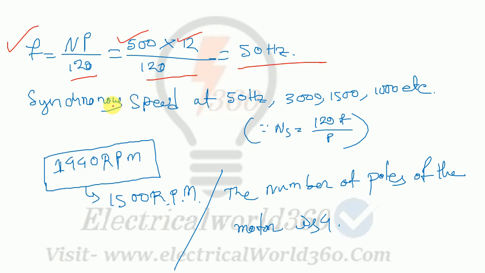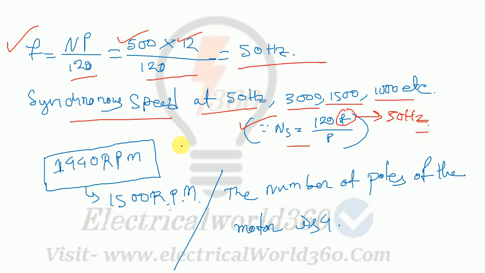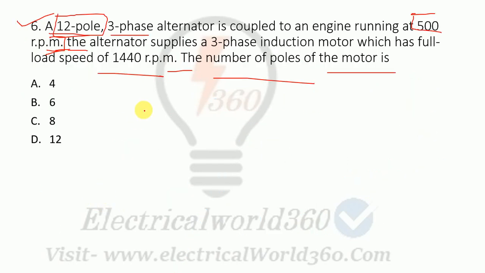So as we know, in the synchronous speed at 50 Hz, the rotating speeds are either 3000 or 1500 or 1000, because N is equal to 120 F by P, and here the frequency is constant, that means 50 Hz. So you can see this is the induction motor which has the full load speed of 1440 rpm.